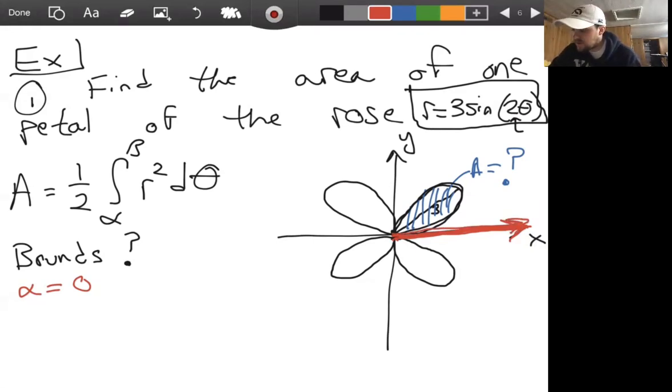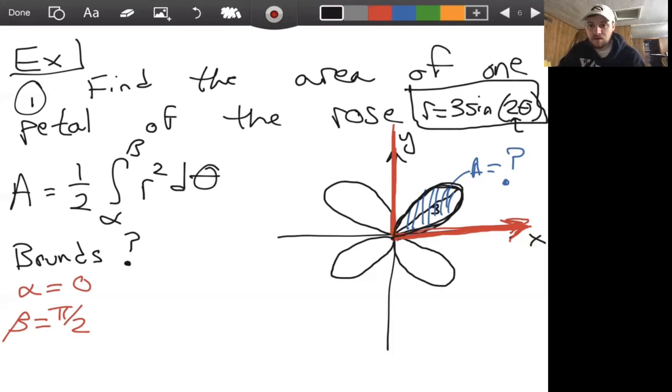And as we go around, we see by the same argument that we stop along the line theta equals pi over 2. You trace out one petal, you can see it's bounded completely in the first quadrant here, right?